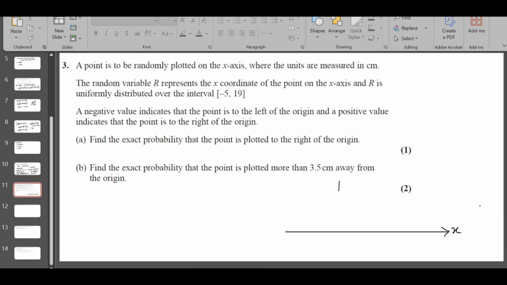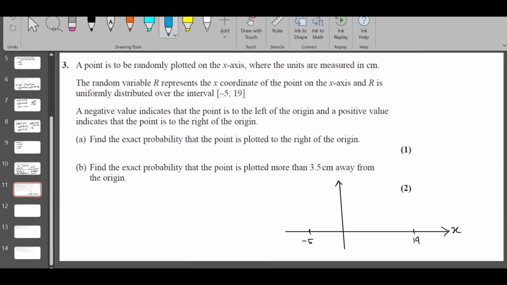We can model this as a uniform distribution from -5 to 19. So this one, we know this is 1 over b minus a, 19 minus of -5, 19 plus 5 is 24, right? Okay, let's read the question for that.